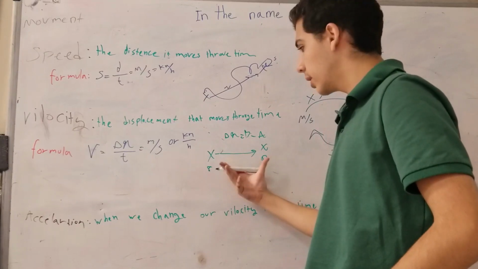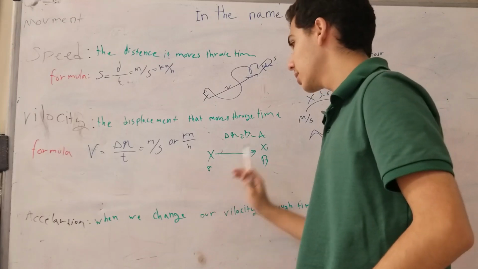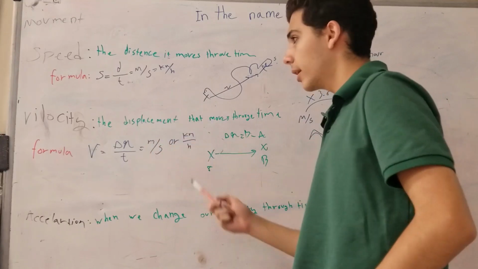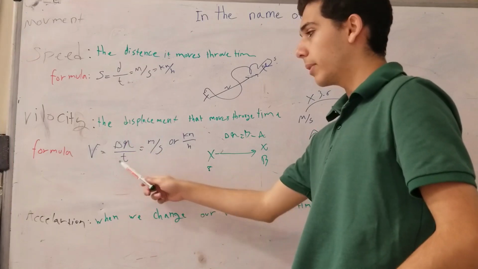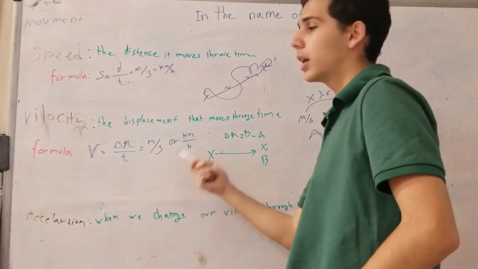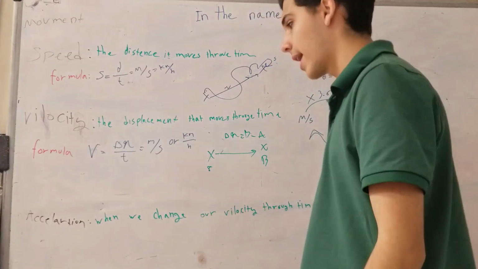That's how we measure displacement in these cases. If it's 0, we put 0 there, divide by t, whatever the t is, and we don't have an answer for that.